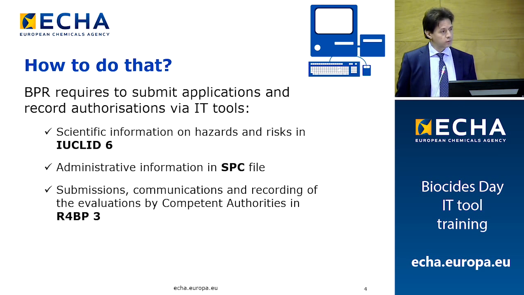First you have to prepare the SPC files, which would be useful in this case only for the national authorization applications. And then once you have the data set ready, you will have to submit in R4BP3, which is the IT tool used for submissions and evaluations by competent authorities.